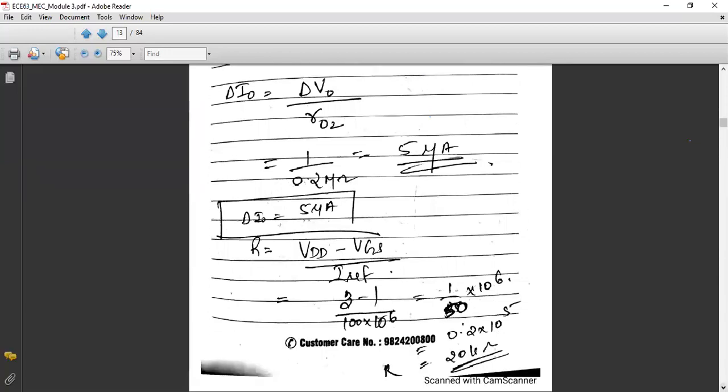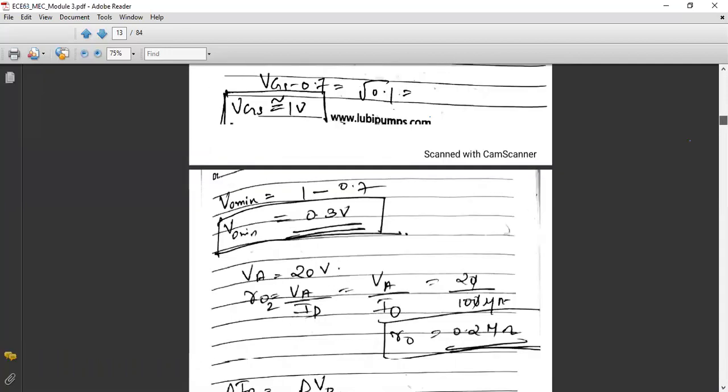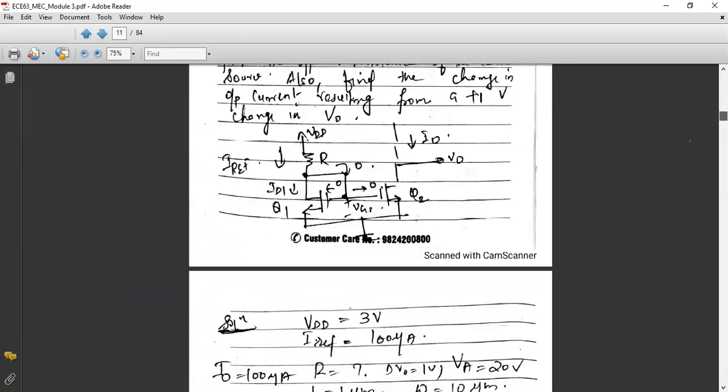Now the last part of the question, the R value. To find R, I just revise the circuit again. You can find the resistance by finding the potential difference and current ratio. So what is the potential difference over here? Potential difference is VDD minus VGS, isn't it? This voltage is nothing but VDS, but VDS is equal to VGS.